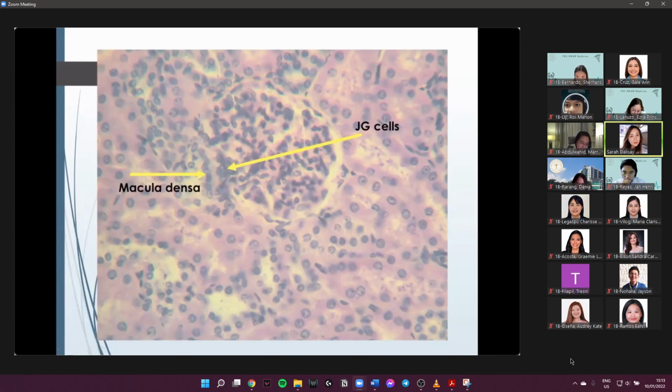Here on the other hand, for the JG cells, or juxtaglomerular cells, these are from the afferent arteriole that brings blood to your renal corpuscle. They are part of the cells of the renal afferent arteriole. Okay. So again, here, what would you see? They are close to one another.